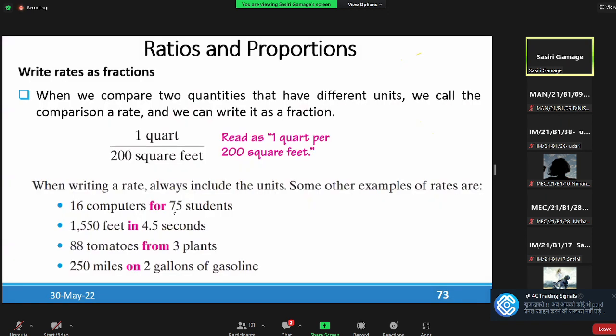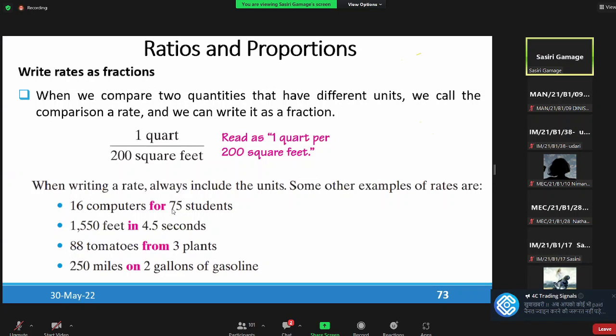Then it rates as fraction. What's the rate? Rate means when we compare two quantities that have different units. So far, basically we talked about the same units, ratios between two quantities.